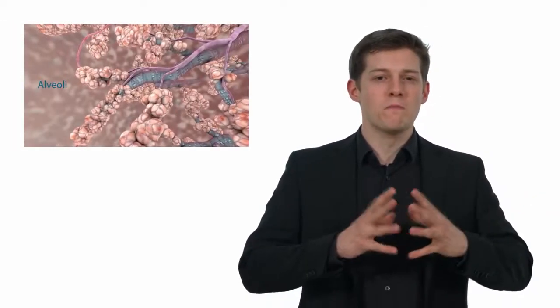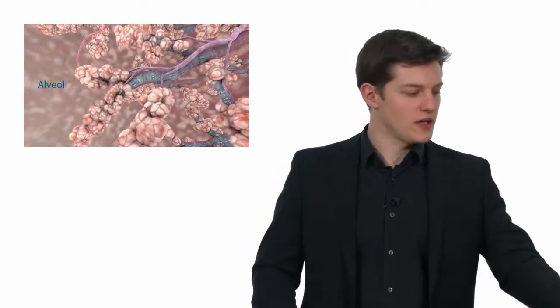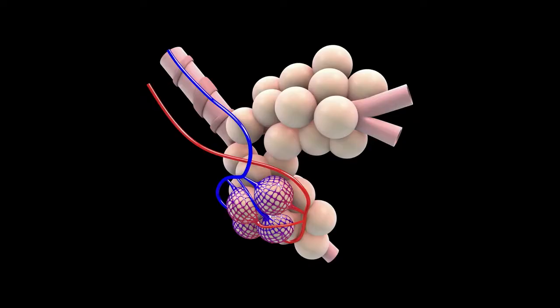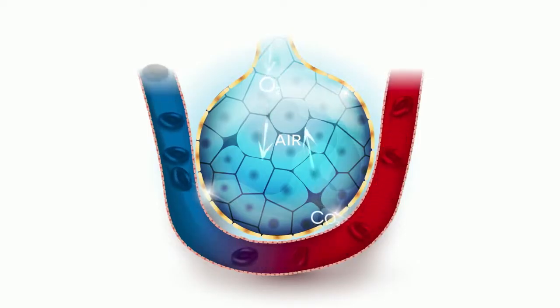What is actually happening? What is the pathophysiological substrate here? What we do have to understand is, as mentioned before, we have hundreds of millions of alveoli. These alveoli have a capillary mesh around them, so approximately 70% of the surface of an alveolus is covered by capillaries. What do capillaries do and what do alveoli do?